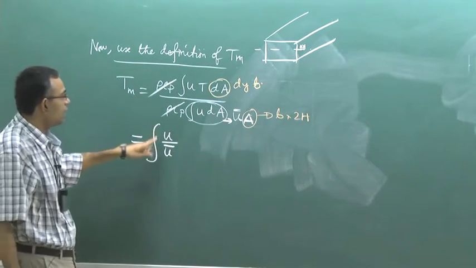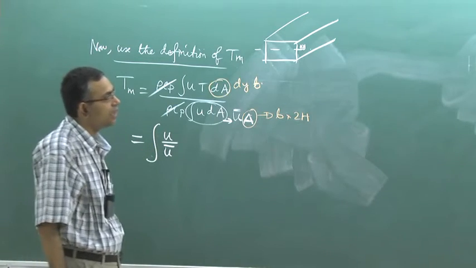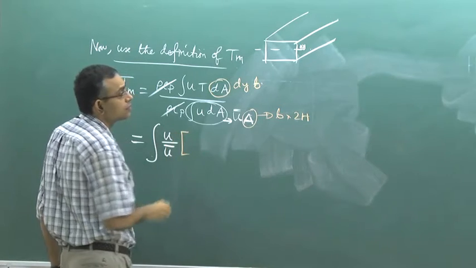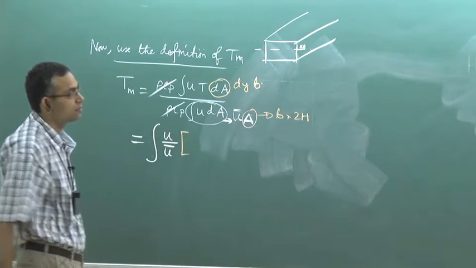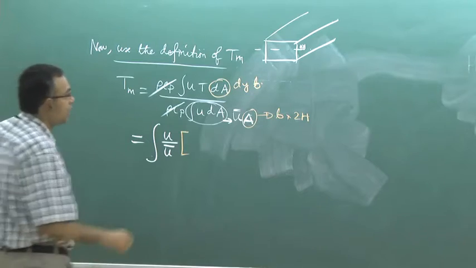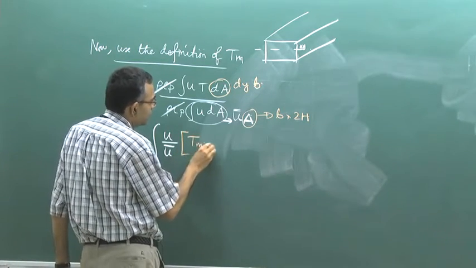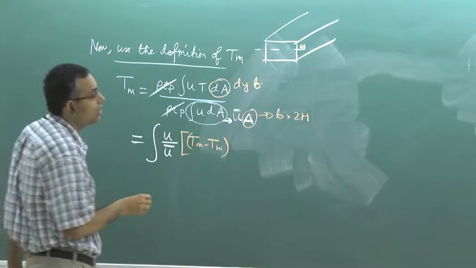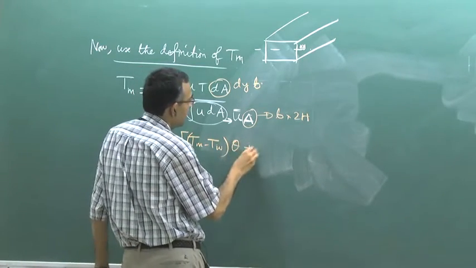So integral of u by u average, in place of T you can write Tm minus T wall into theta plus T wall.